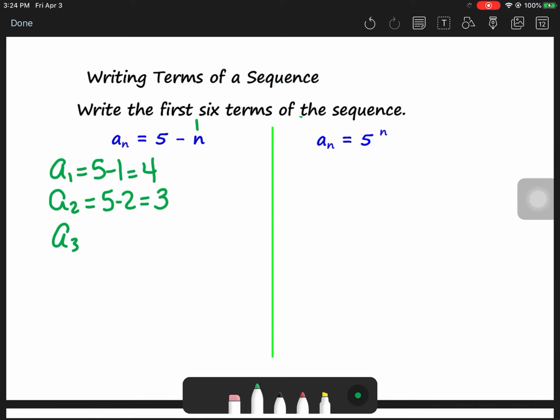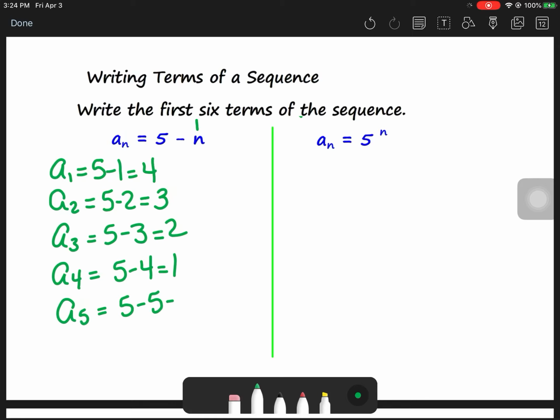For my third term, I'm going to plug a 3 in where the n is. And so on. For my fourth term, I'm going to plug in a 4. For my fifth term, a 5. And for my sixth term, a 6. Those would be my first 6 terms of that particular sequence.